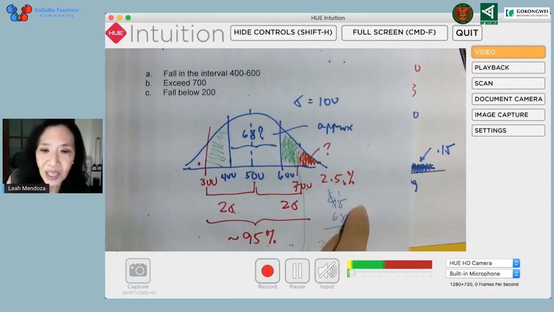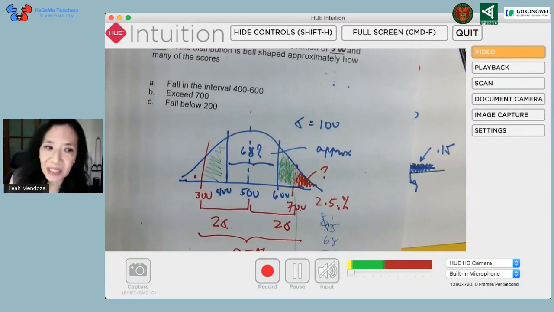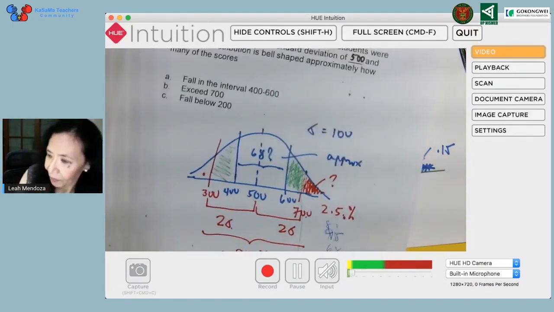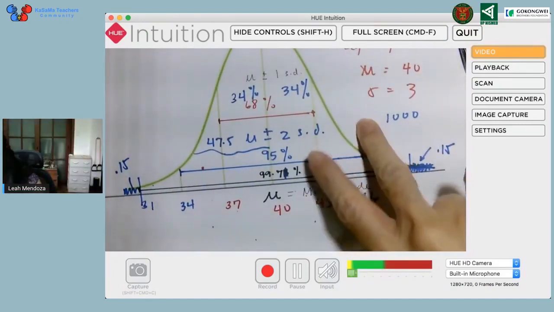But my question is, what kind of conclusions can you reach if it's not symmetrical, if it's not bell-shaped? And that is where Chebyshev's comes in. But let's see the time, because I also want to answer the questions. So, okay, moving on.